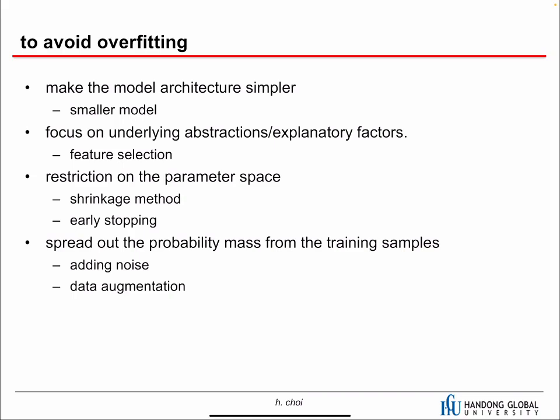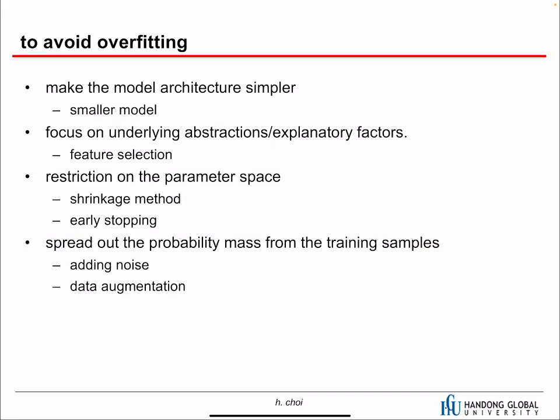And then the next one is to spread out the probability mass from the training samples. If we have infinitely many samples, then the model cannot overfit, right? But with a relatively small number of samples, the data manifold is kind of sparse.